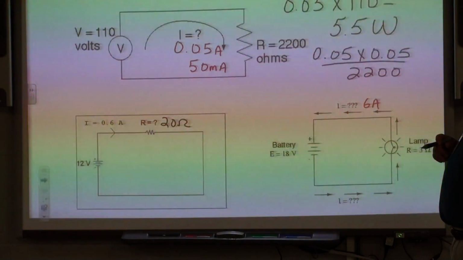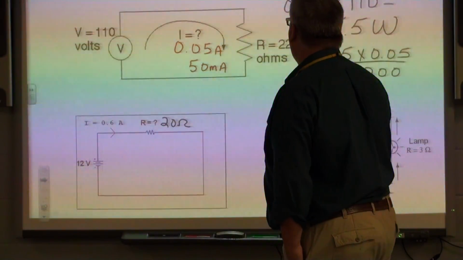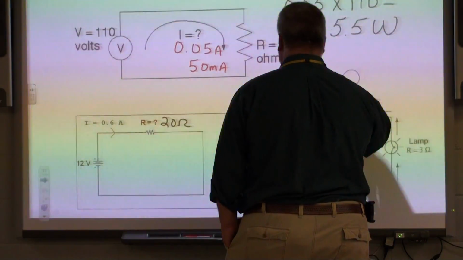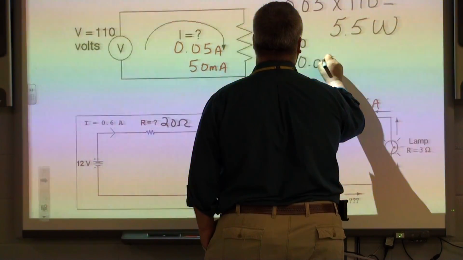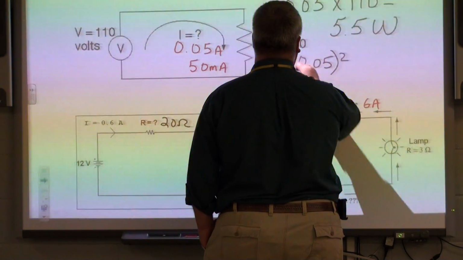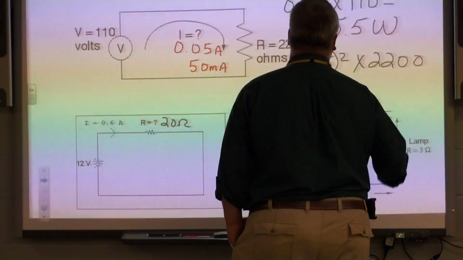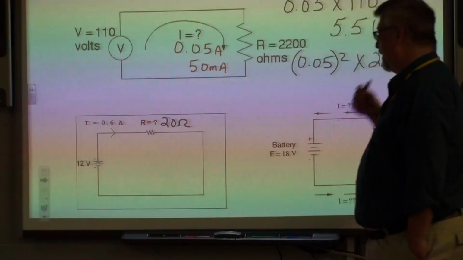I squared, no, it's times 2200. So let's try that again. 0.05 squared times 2200. That math will work a little better. 5.5. So we find out those same formulas work.